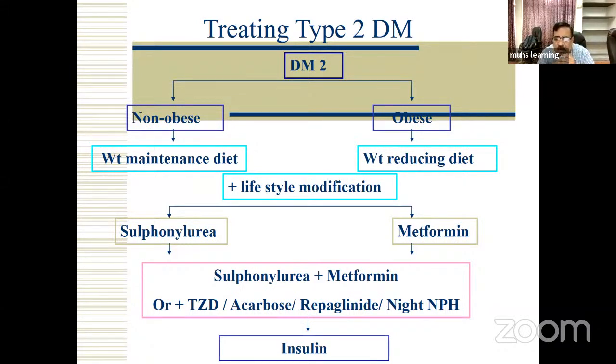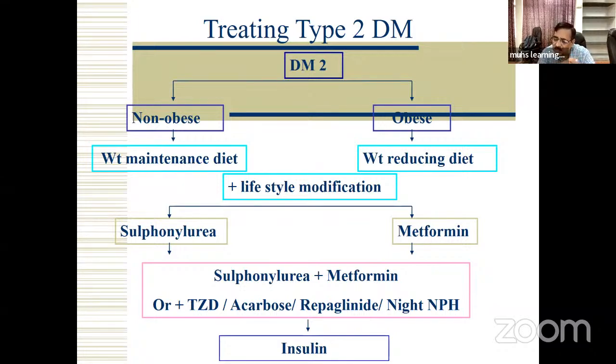After that, you add metformin. Metformin should be liberally used up to 2 grams per day or 2,500 milligrams per day. And then if it is not enough, you add sulfonylurea.